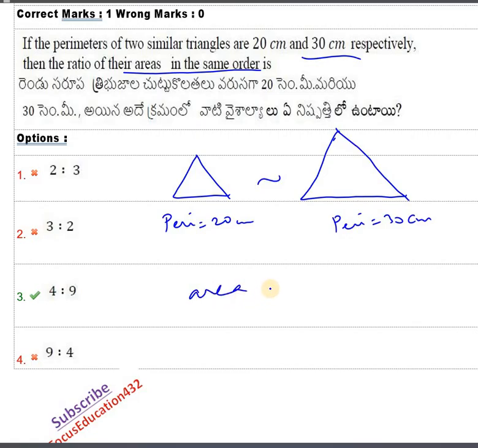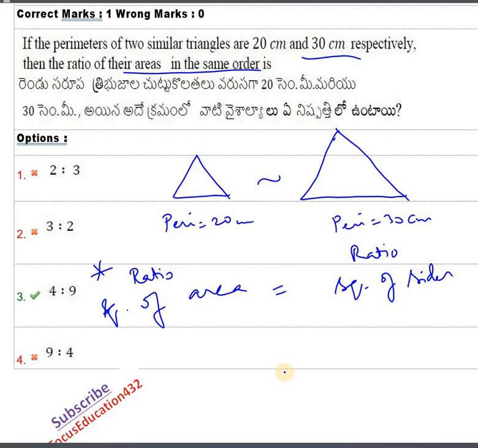For two similar triangles, the ratio of the areas is equal to the ratio of the squares of the corresponding sides. You remember this, very, very important. This is a very, very golden rule.